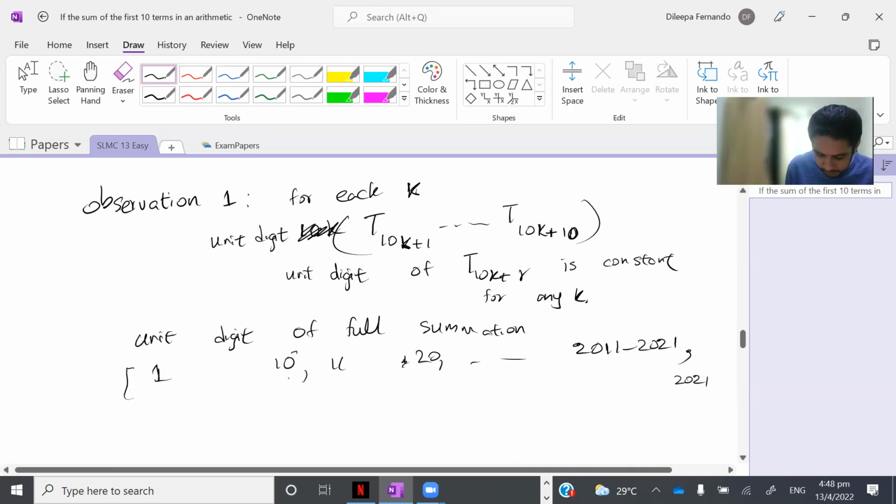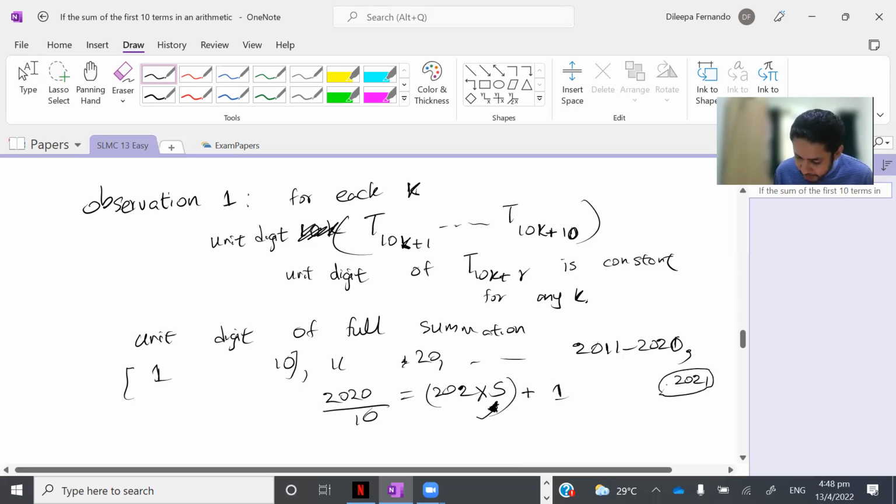So these are the terms. If you see the number of terms, you have to divide. You find it in chunks of 10 until 2020 divided by 10, 202. So you get S into 202. So you just need to find the unit digit of S, multiply it by 202 and add 1, because you have to consider the unit digit of the last term as well, the 2021 term.